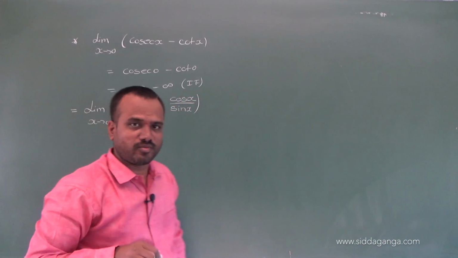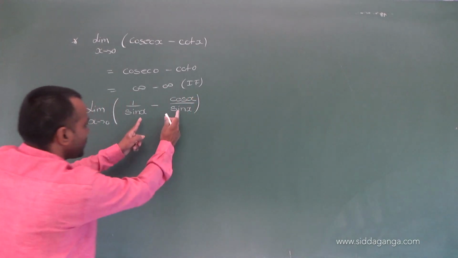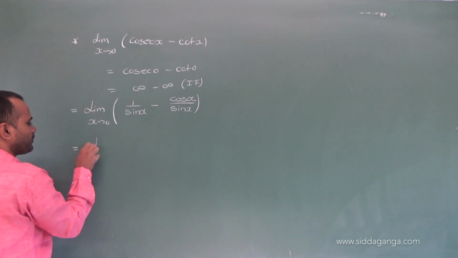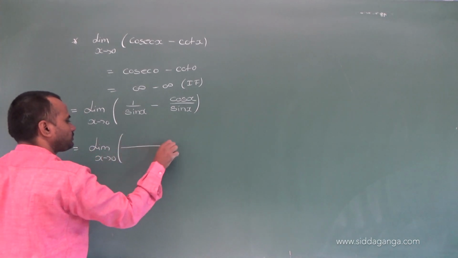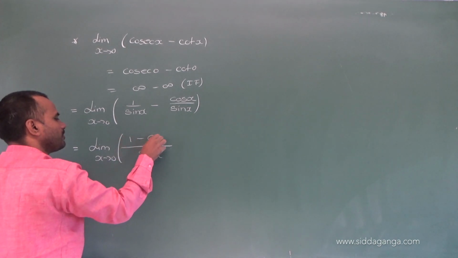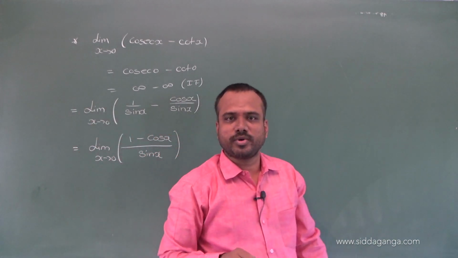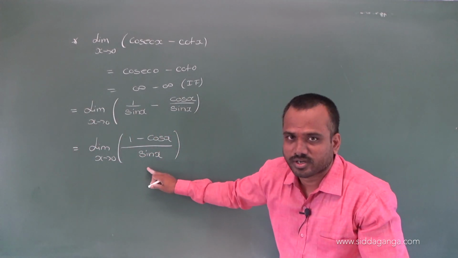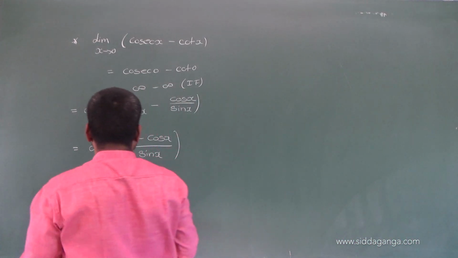We take LCM sin x. If I take LCM sin x, in the numerator becomes 1 minus cos x, divided by sin x. Once again we substitute the limit value.